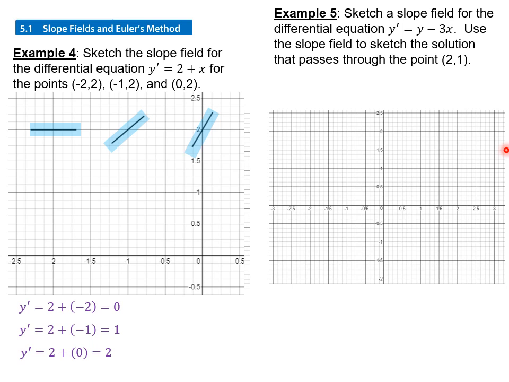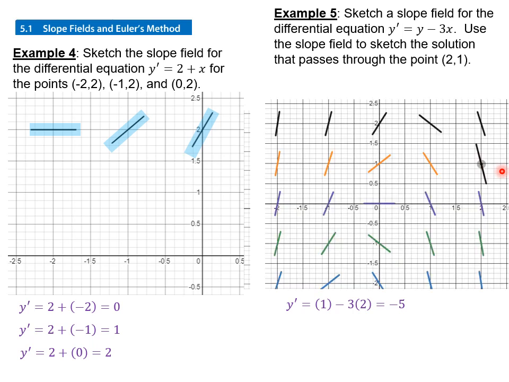Okay. Sketch the slope field for example 5 using y minus 3x. Use the slope field to sketch the solution. So I went to Desmos and got it, but we can plug in some values at y prime of 2, 1. That's going to be -5. Okay. That's that point right there, and it's got a slope of -5.